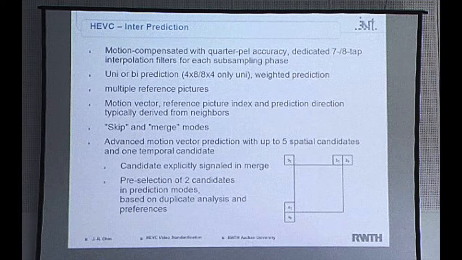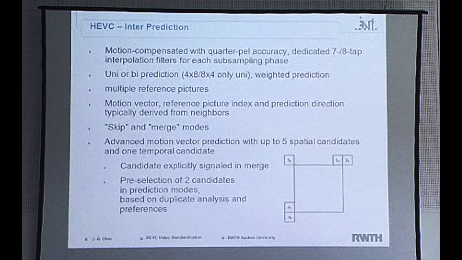I had talked about how conceptually partitioning is done in inter-picture prediction. Of course, you need to convey the information: motion vectors, reference frame, reference picture indices, things like that.